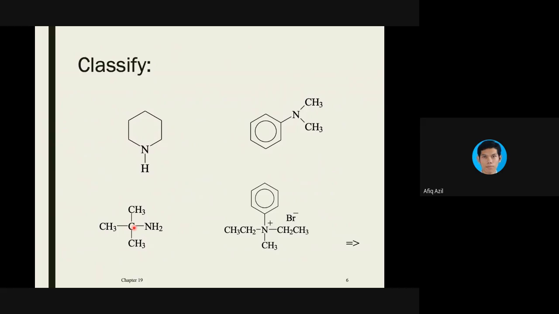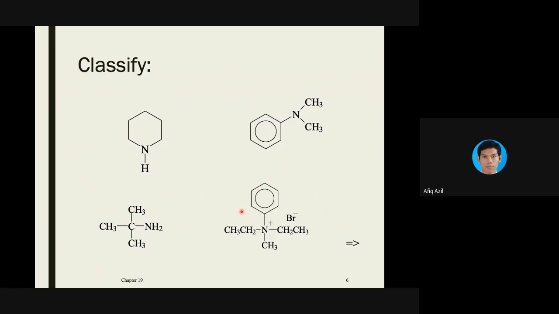And then this is an example for count how many carbon it is bonded to. We have one carbon, two carbon, three carbon. This is also another carbon that comes from the benzene ring.